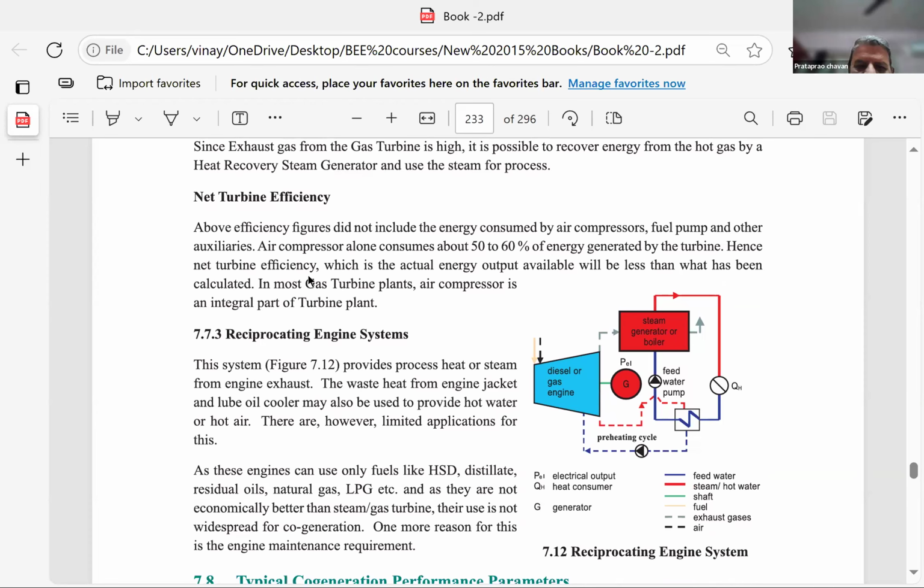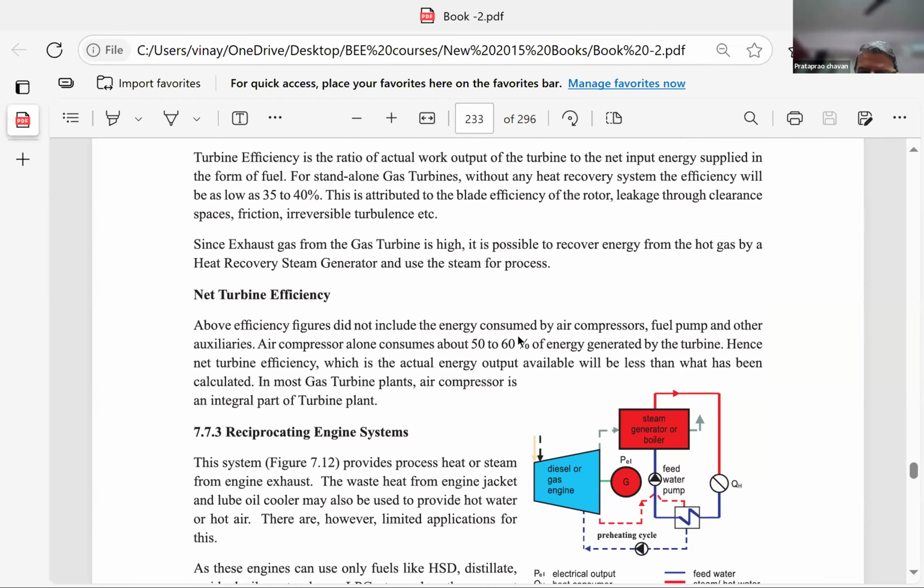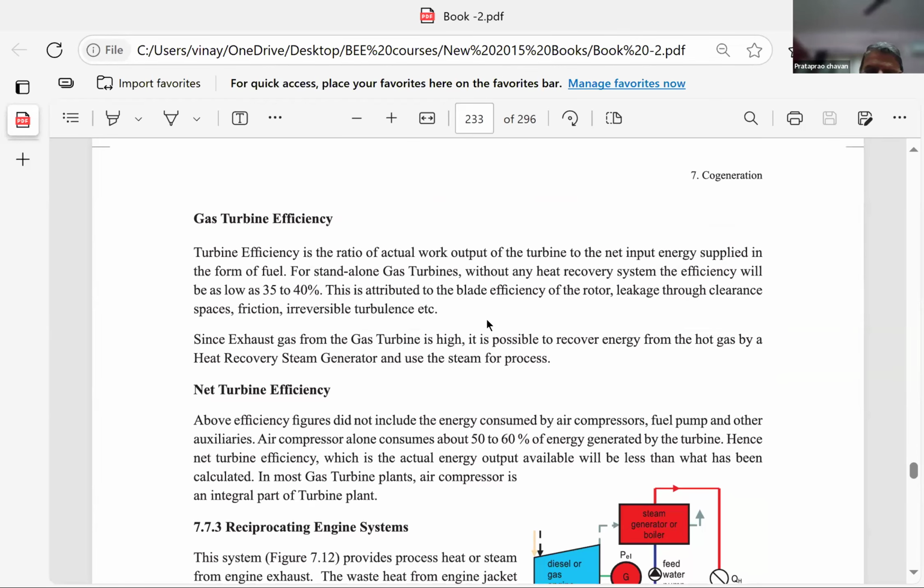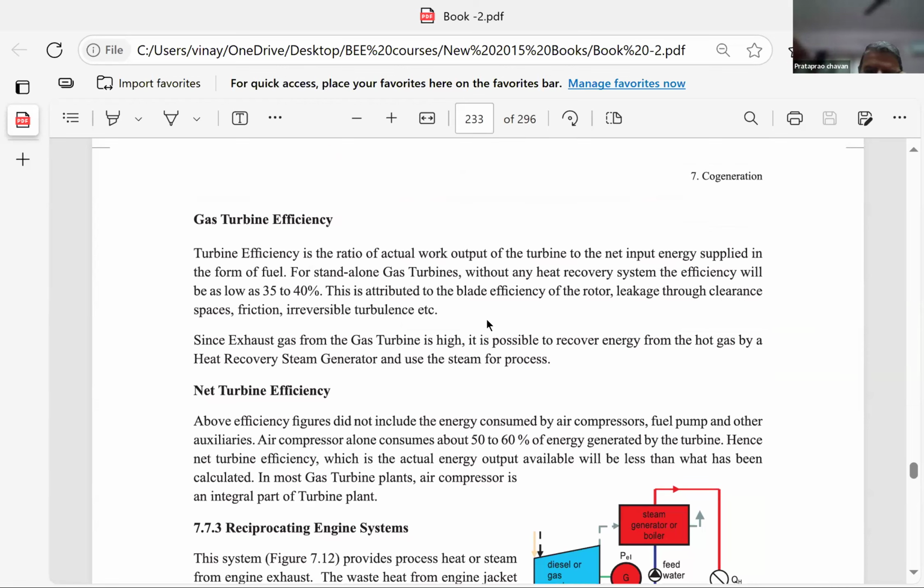Hence, net turbine efficiency, which is the actual energy output available, will be less than what has been given. If the turbine alone, that means the heat entering the turbine and exhausting the turbine, gives you output upon input of 35 to 40%.